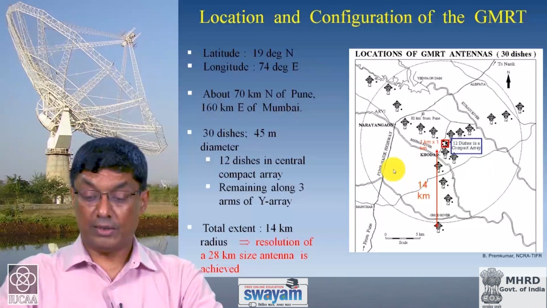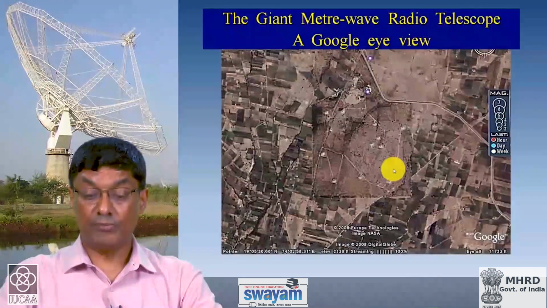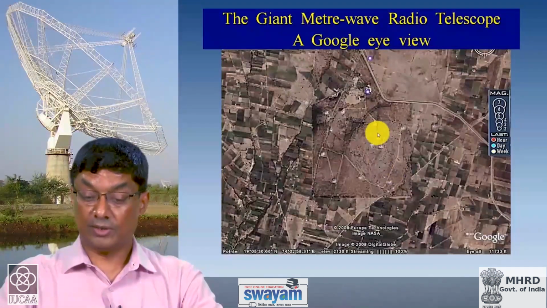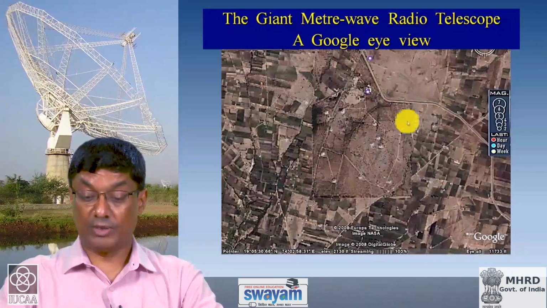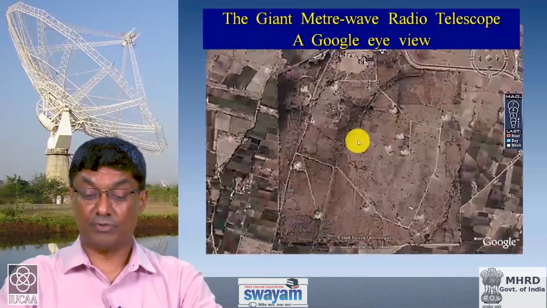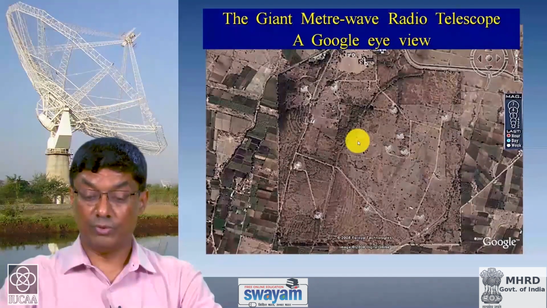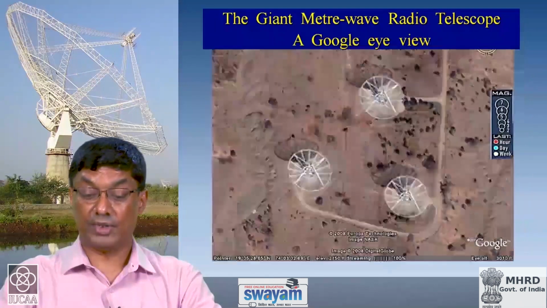And this works quite well, and here are some pictures. Here is a Google view of the central square, a 1 kilometer by 1 kilometer region, showing these specks, which are the individual antennas. Here is a zoomed in view where you can start making out the individual antennas.